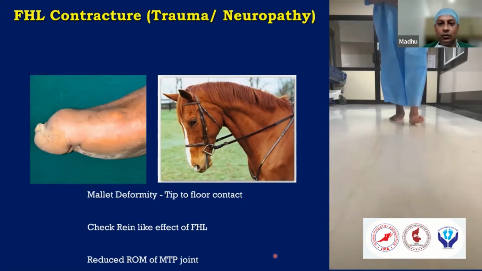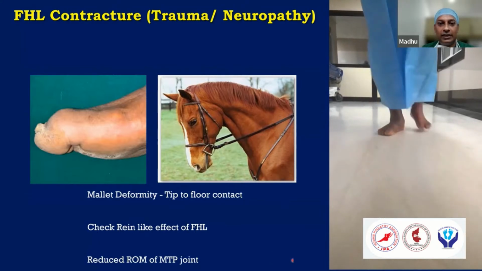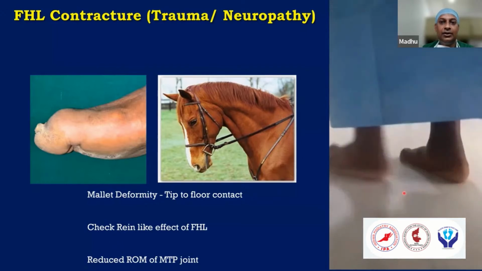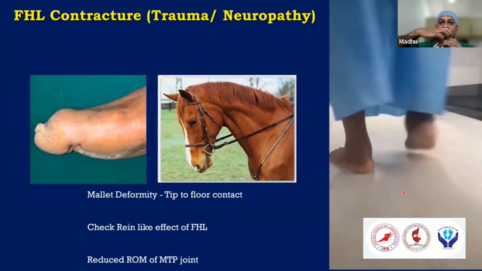And if you see this person walking, you'll notice that with each step, this check rein-like effect prevents the dorsiflexion of the first ray. So again, it causes a contraction and also prevents a dorsiflexion of the first MTP joint. So this also causes a high amount of axial and shear pressure on the tip of the toe, resulting in an ulcer. And this can be corrected very easily by just doing a tenotomy of the FHL.